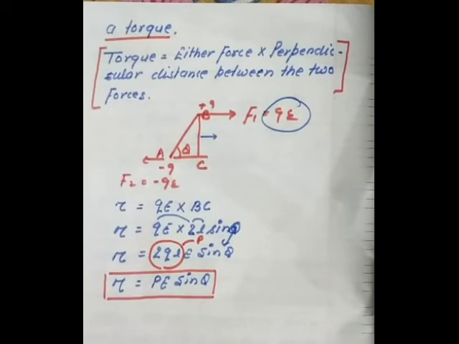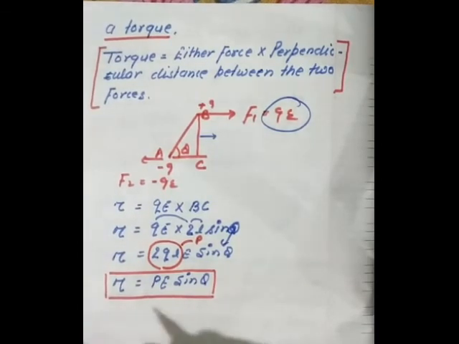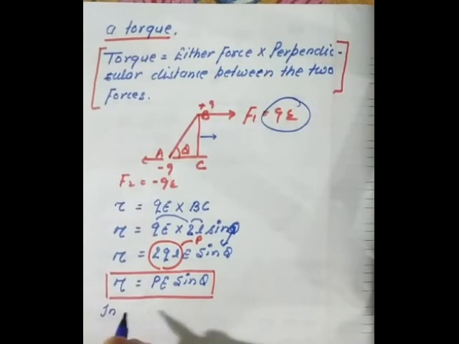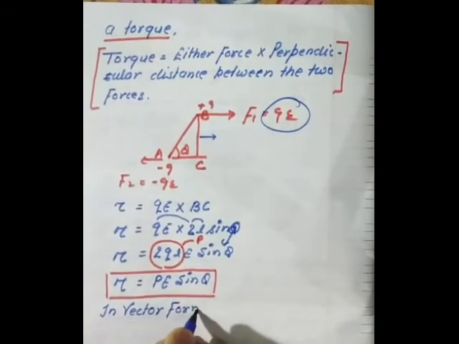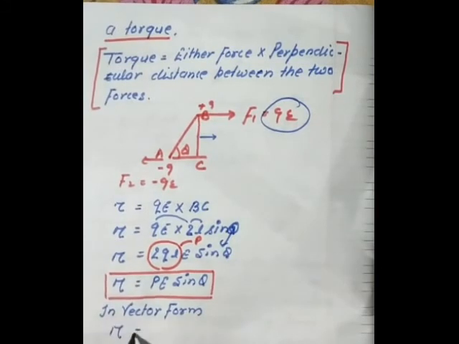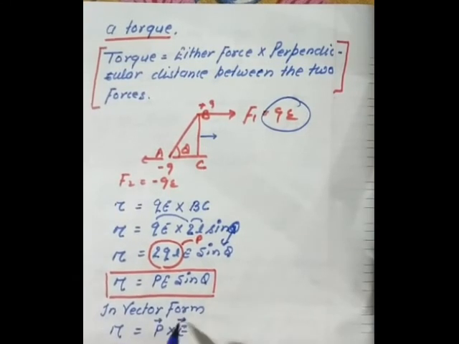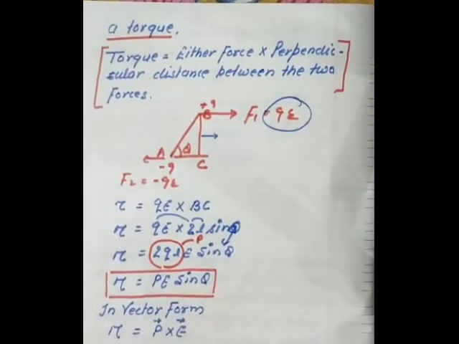The direction of the torque tau is perpendicular to the dipole moment. So we can write the vector form. In the vector form, tau equals P cross E. This is the vector form of the torque.